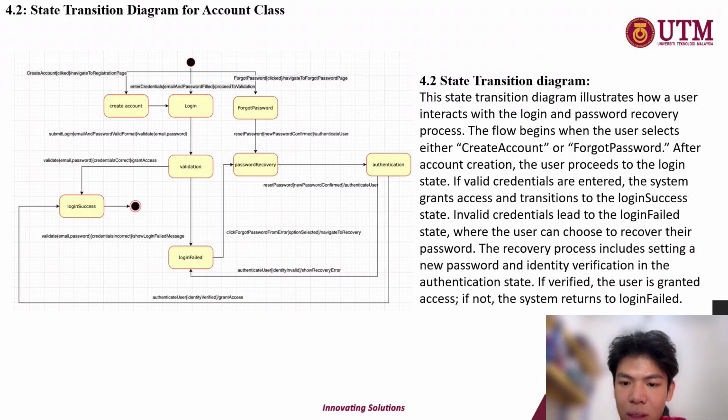Invalid credentials lead to the login failed state, where the user can choose to recover their password. The recovery process includes setting a new password and identity verification in the authentication state. If verified, the user is granted access. If not, the system will return to login fail.